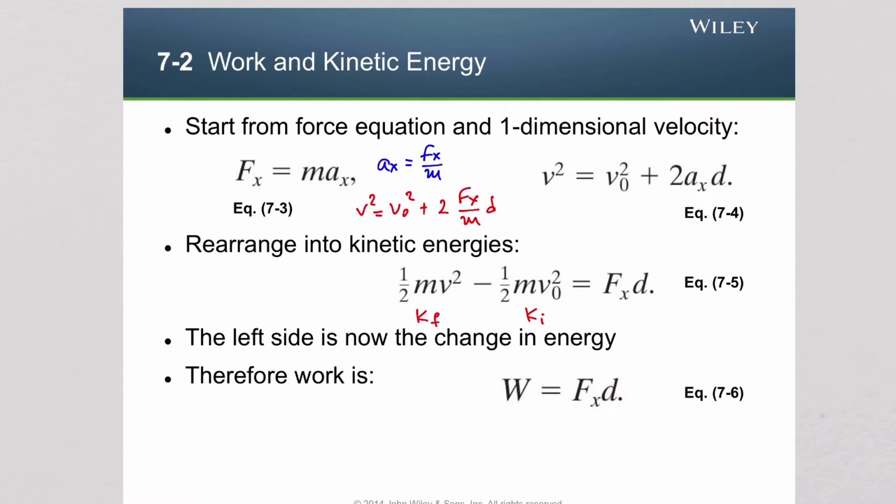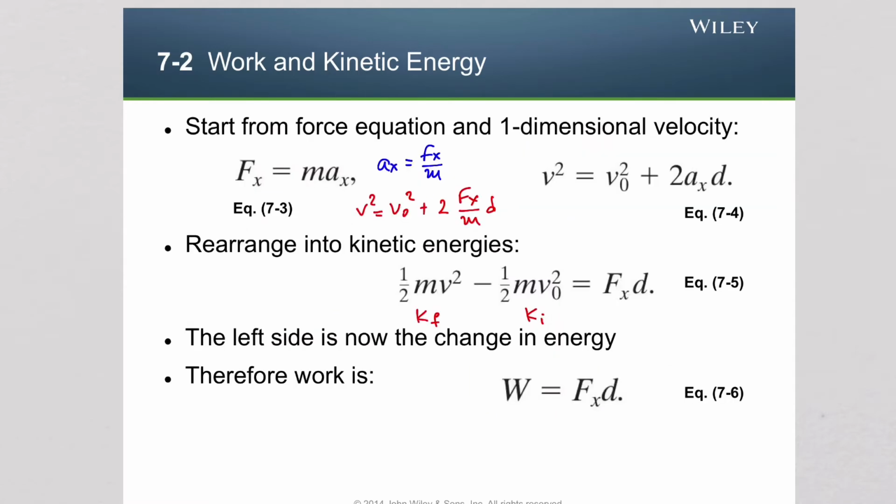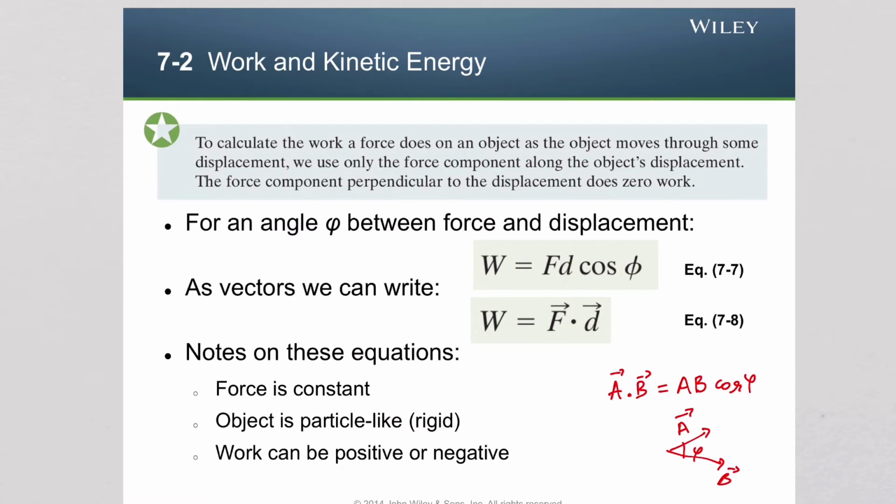Just to remind you, when I say the force Fx, I mean the x component of the force F that was applied on the bead. Now we're ready to state the definition of work in terms of force and displacement.